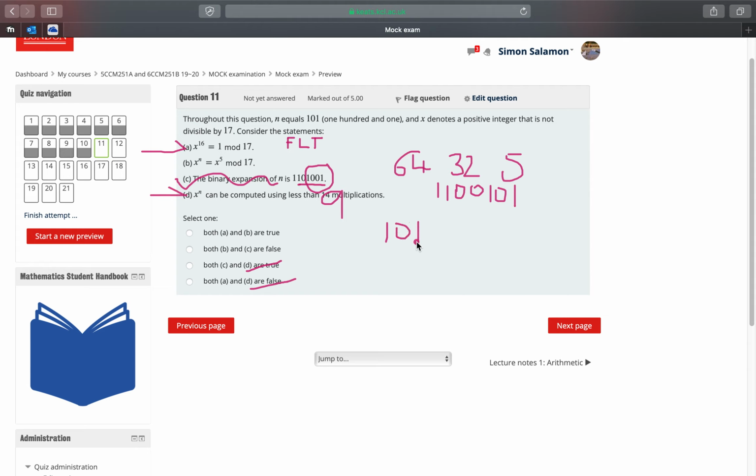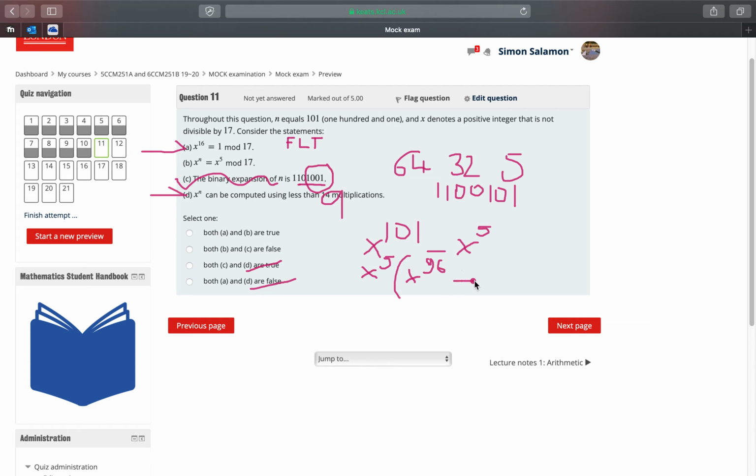This is saying x to the n minus x to the 5, so x to the 101 minus x to the 5. We're asking, is that 0 mod 17? Well, you can take out x to the 5 as a common factor, which leaves x to the 96 minus 1.